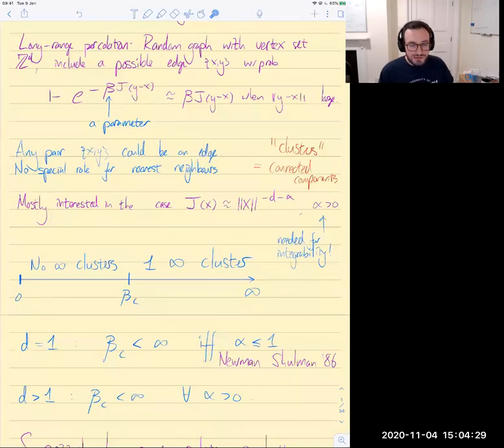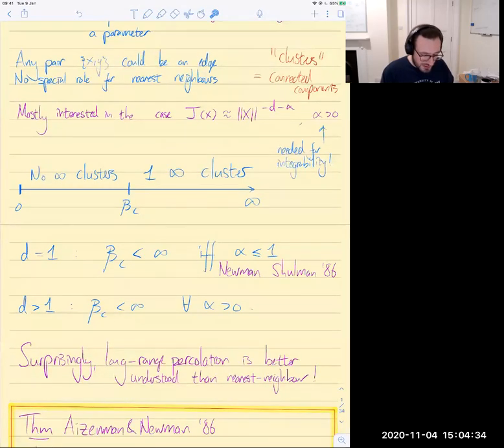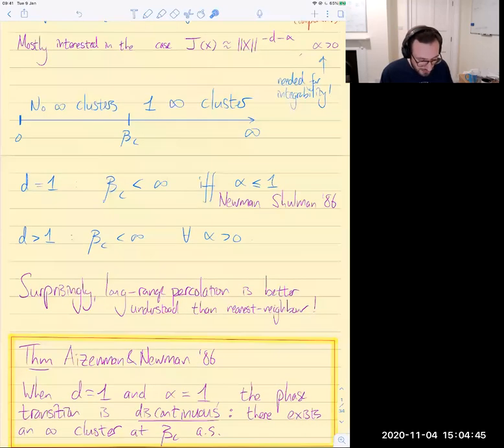Now, as in normal nearest neighbor percolation, we expect to have a phase transition. There should be some special value beta c, where below beta c there are 0 infinite clusters almost surely, and above beta c there's a unique infinite cluster almost surely. Of course, we don't necessarily have a phase transition, particularly in one-dimensional models. In one dimension, there's a phase transition if and only if this parameter alpha is smaller than 1, whereas in higher dimensions, the standard arguments give that there's a phase transition for any value of alpha.